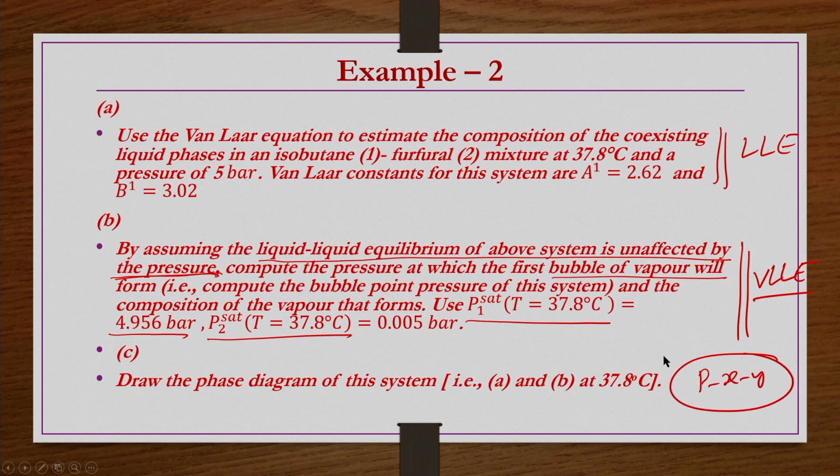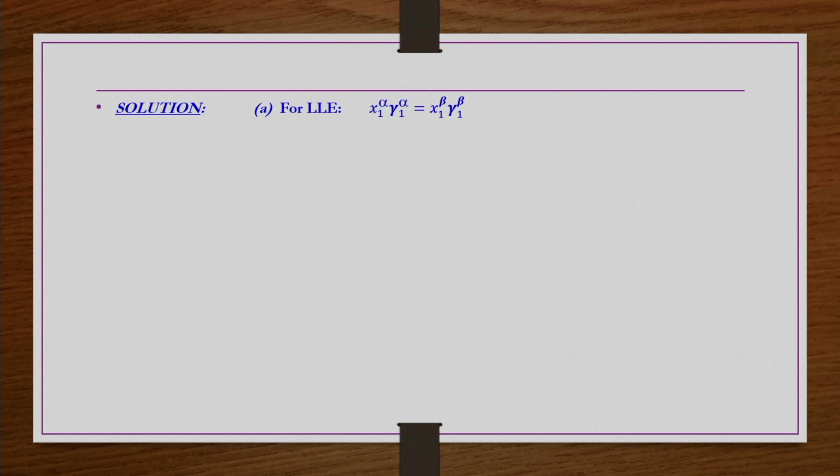For LLE of components 1 and 2, for component 1, x1 alpha gamma 1 alpha equals x1 beta gamma 1 beta.